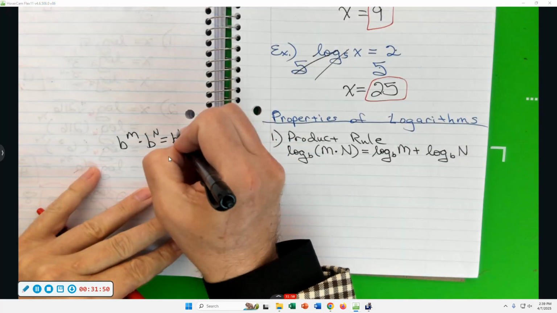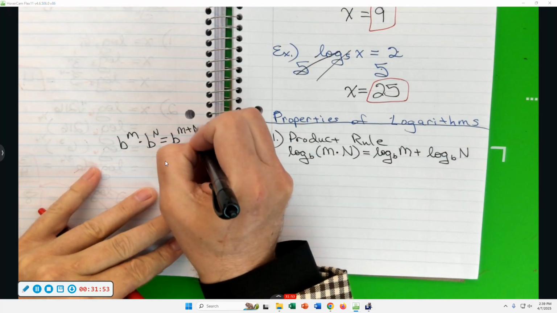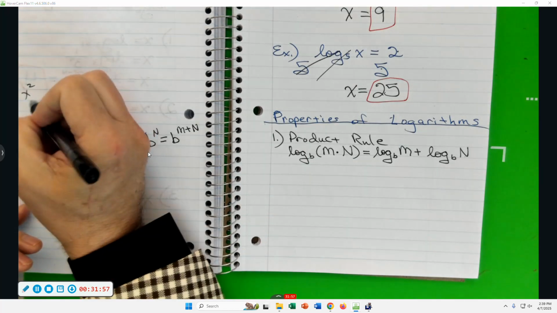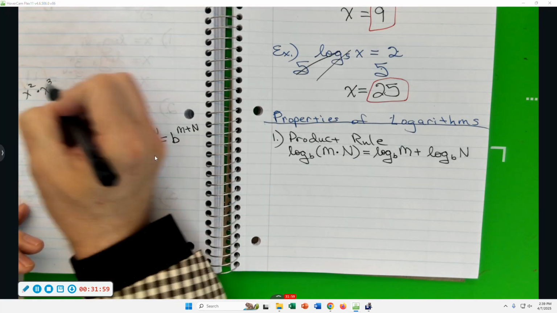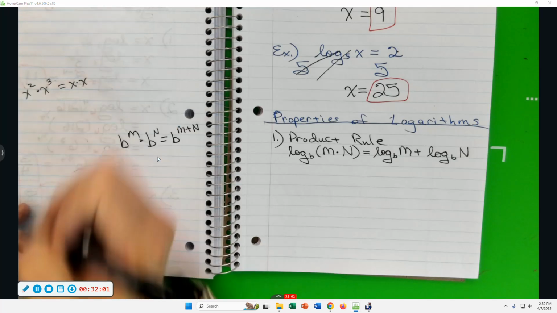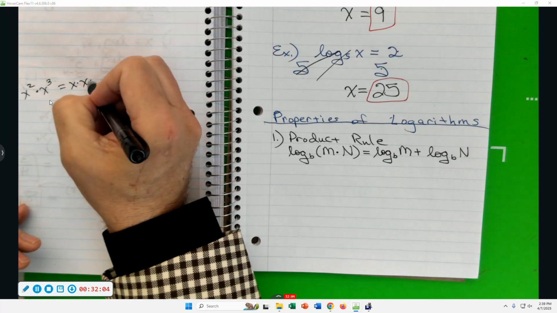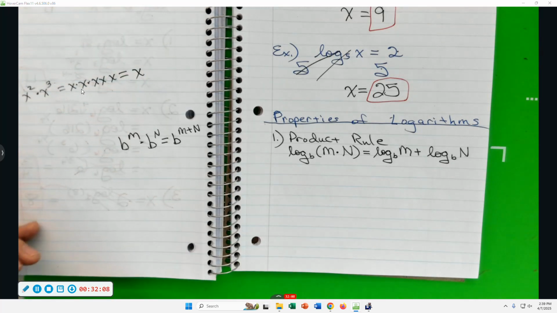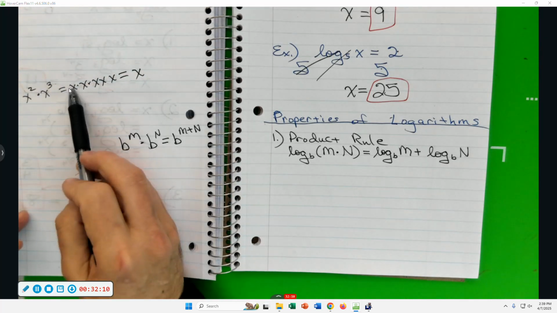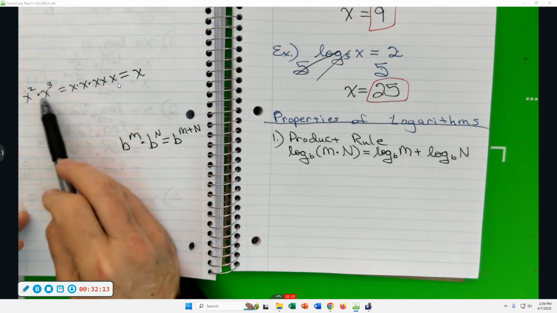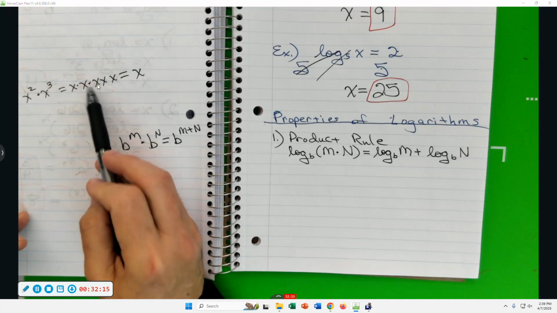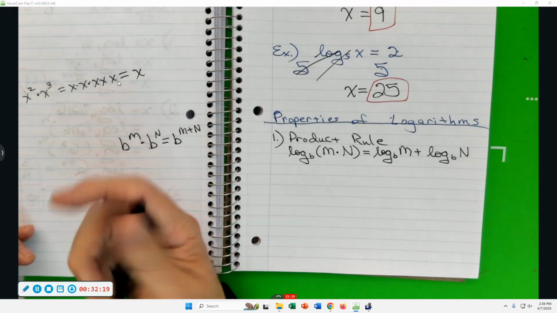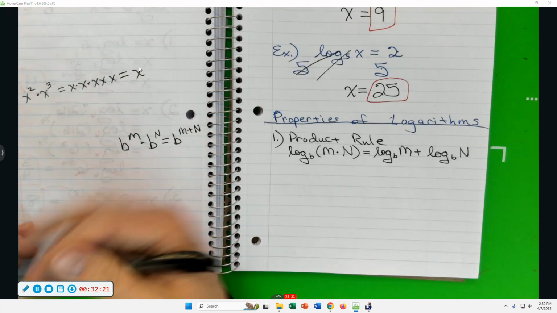Like x times x is x squared, 1 plus 1. If you had x squared times x cubed, that's 2 x's times 3 x's. How many x's do you have total? Not 6. 5.